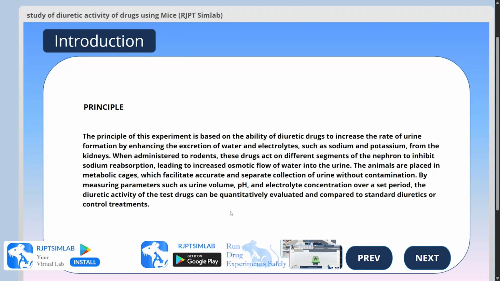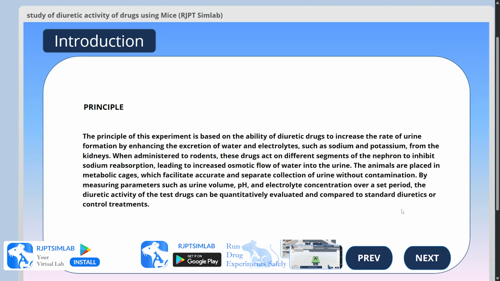The above line says that these animals are then placed in metabolic cages, which will separately collect the urine output without contamination. They are sterilized, and by measuring the volume and different parameters of urine, pH, and electrolyte concentration over a set period of time, we can understand the diuretic activity of the test drugs as well as the control animals, and we can measure and evaluate it quantitatively, and compare the standard with the control.